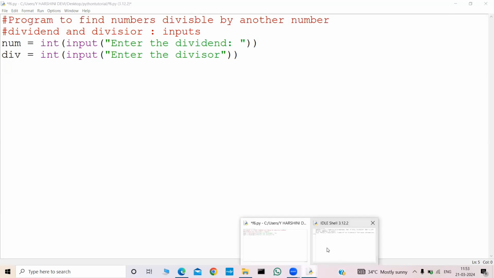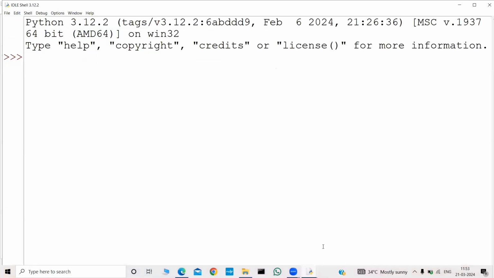Now we need to write the code to find the remainder when we divide a number by the divisor, right? We know that to find the remainder, we use the modulus operator, right? Let me do 24 mod 2, and we got the remainder 0. And 24 mod 3 is 0.